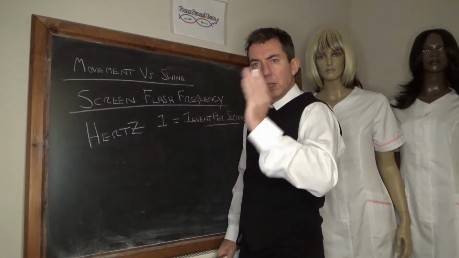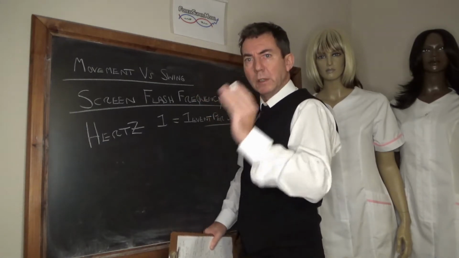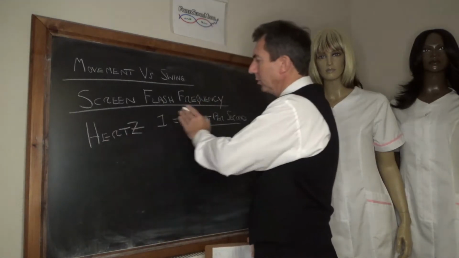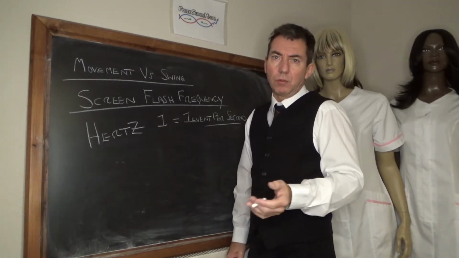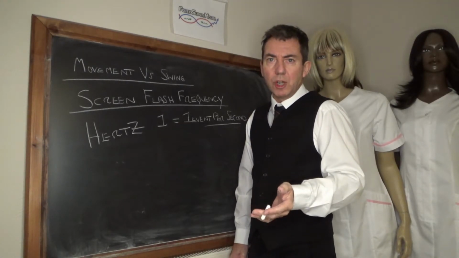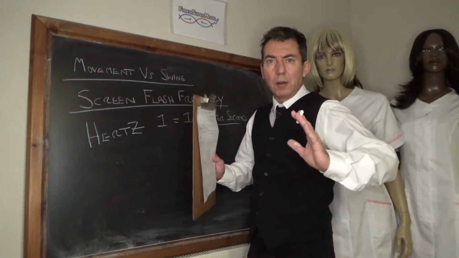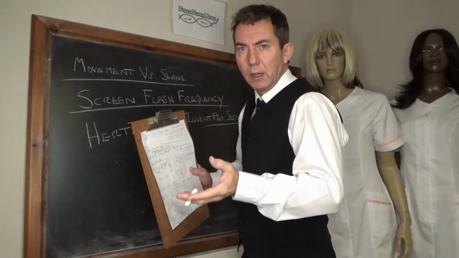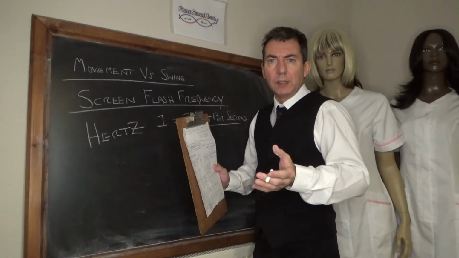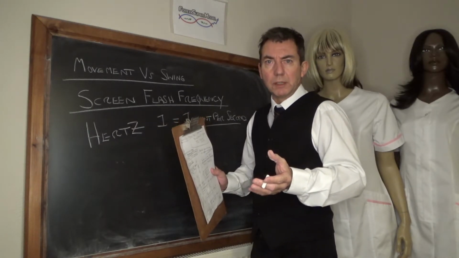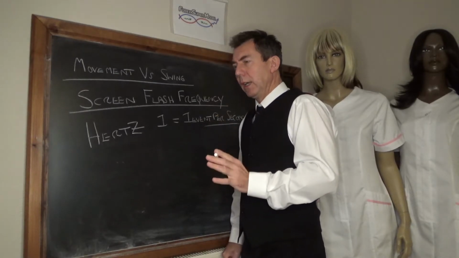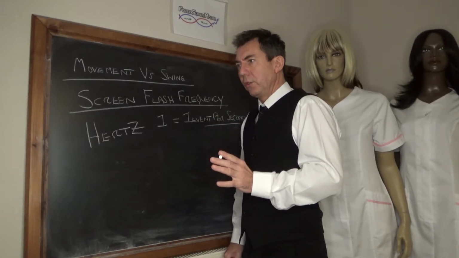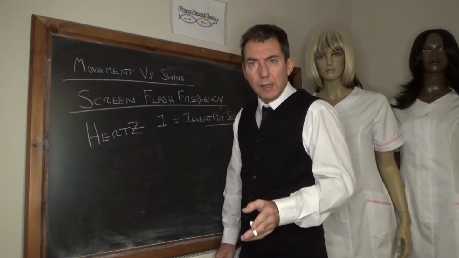Now if the market starts boom, boom, boom, the hertz rate goes up. You can actually measure this, it's difficult to measure, but you can measure it if you enclose a screen and use a light meter and a pulse meter. But nevertheless, I don't suggest that you go down that route.